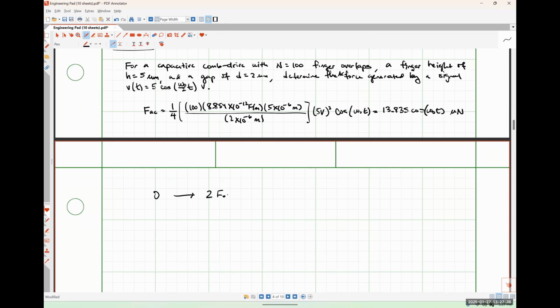So you're going to have no oscillation up to a lot of oscillation, back and forth, back and forth. That's another reason why this is a really good scheme to use for those capacitive gyroscopes and all of that kind of stuff as well.